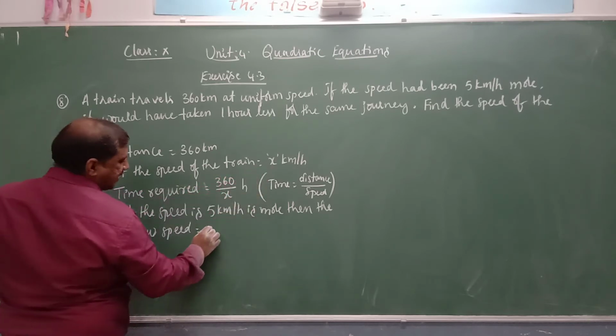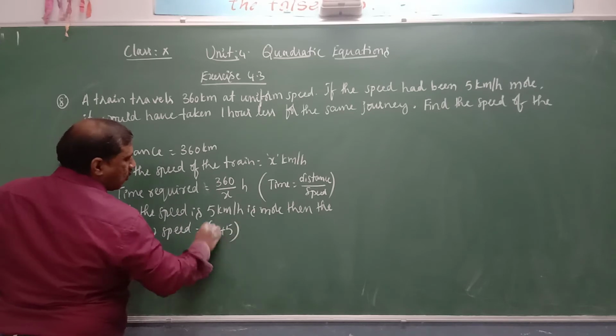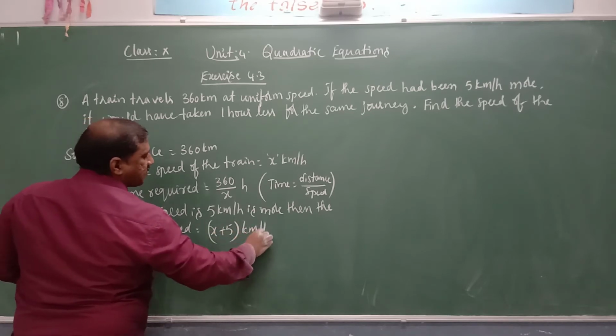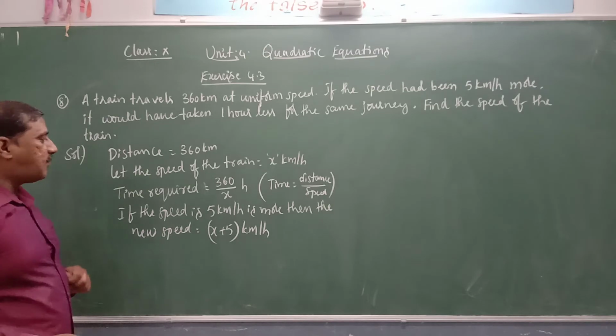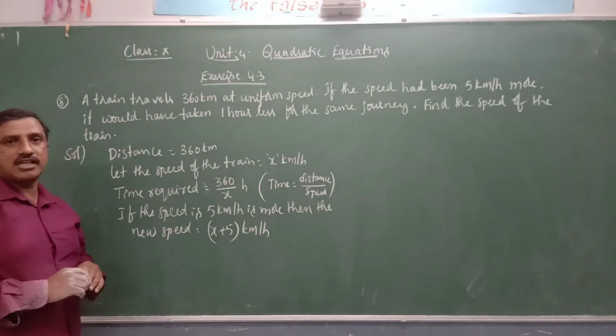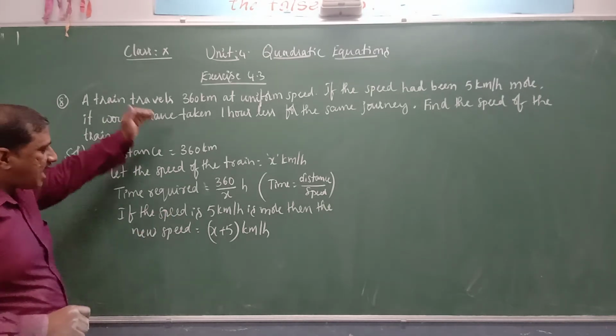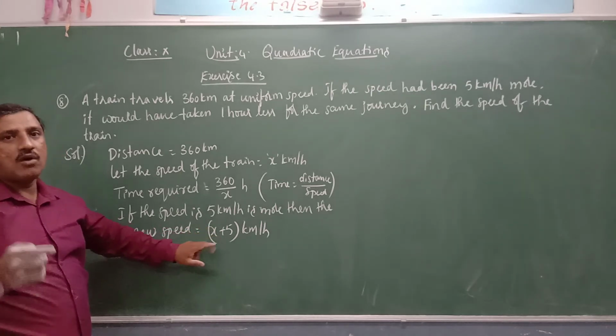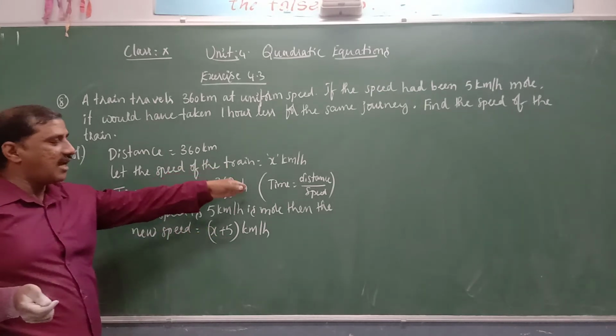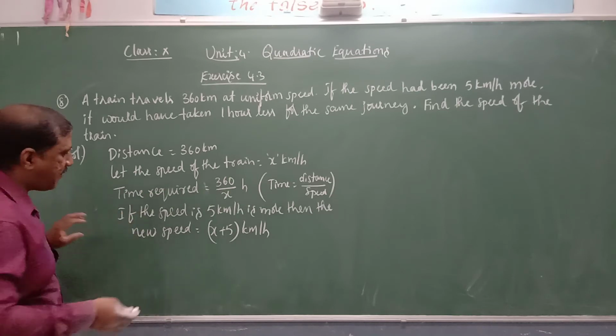Initial speed is x plus 5 kilometer per hour. That is the new speed. How much time is it taking with this speed? 1 hour less than the previous time or the original time.